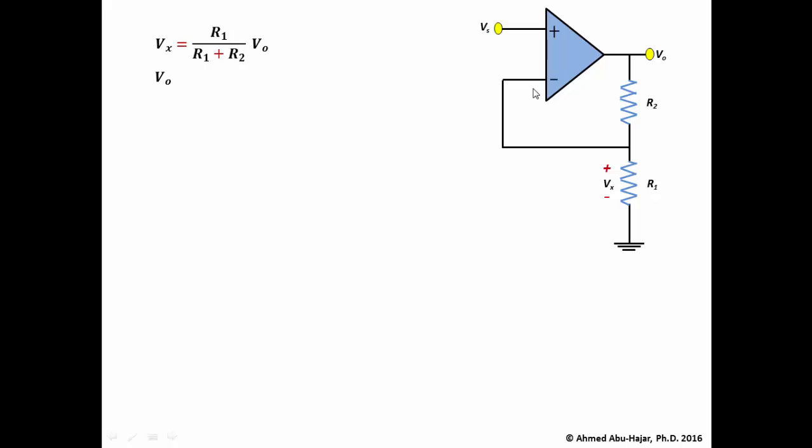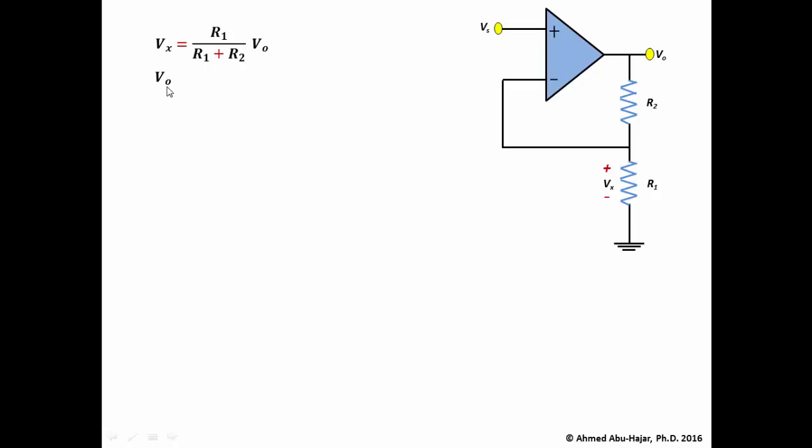Ideally, we assume it's 0. In reality, there is a very small current going into the op amp, and we're going to assume it is 0. So to keep the story short, basically we say that not all of V out is fed back to the inverting input, only a portion of that output voltage is fed back into the inverting input.